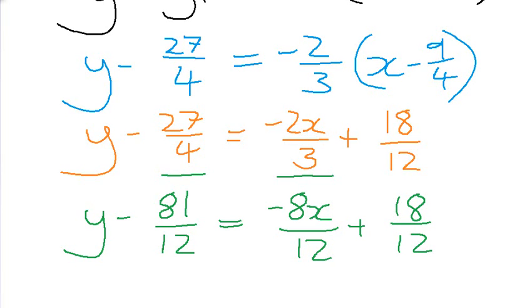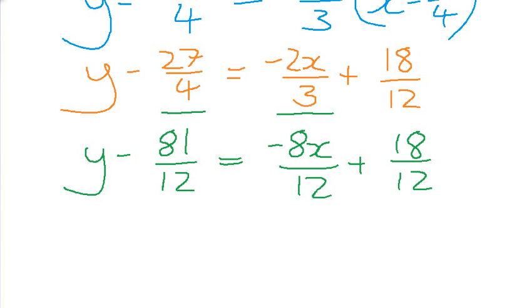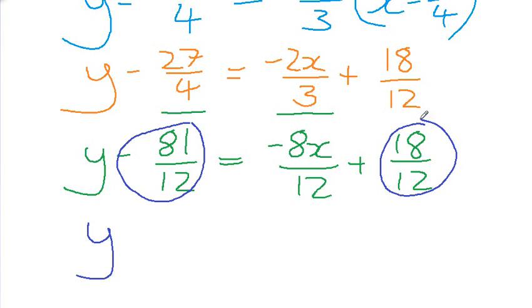This is going to get quite fiddly to play with, but never mind. So then we're going to have y. Let's put these two together. So let's add 81 over 12 to both sides. So 81 plus 18 is 99.